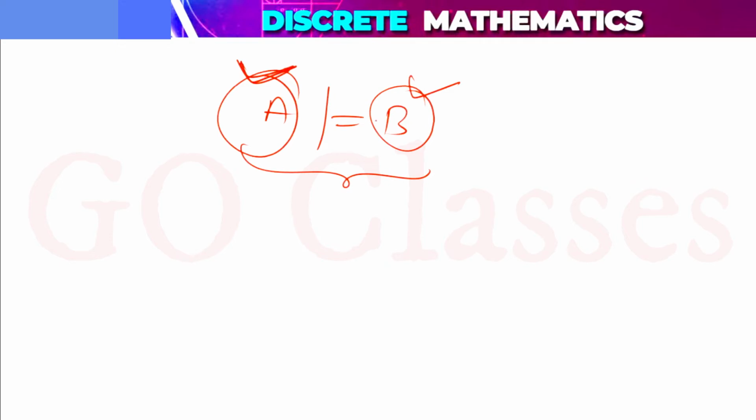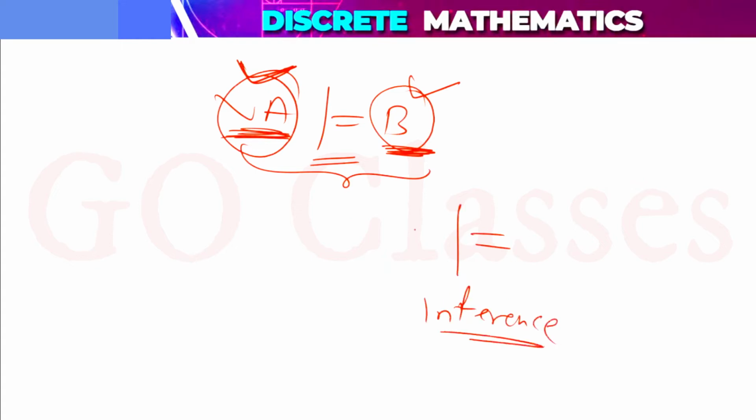A implies B. Or you can say this B can be inferred from A. If A is true, then B is also true. This is called the inference symbol. This is a standard symbol that we have. In first order logic, we use this symbol mostly.